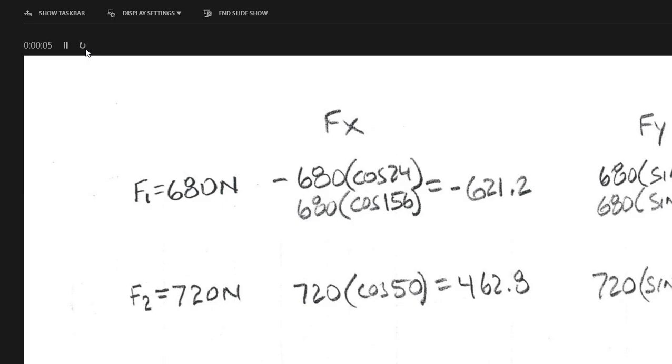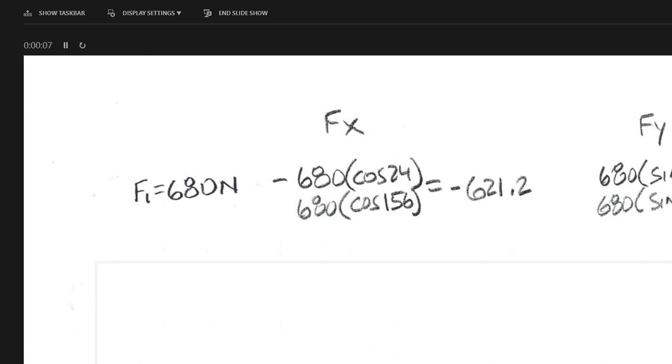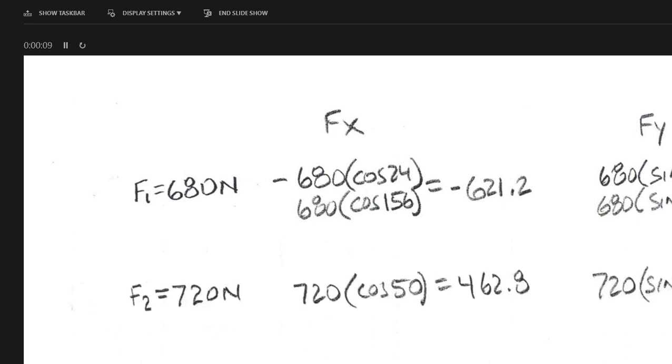You could use the 50-degree angle on the first one. Or that's actually F2, I'm sorry. So 720 cosine 50 will get you the X component, and 720 sine 50 will get you the Y component. That's the approach on that one.